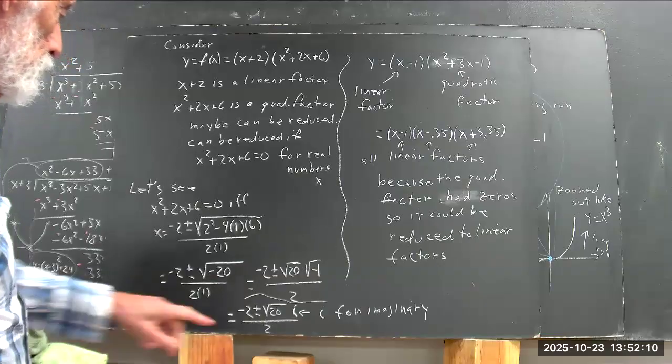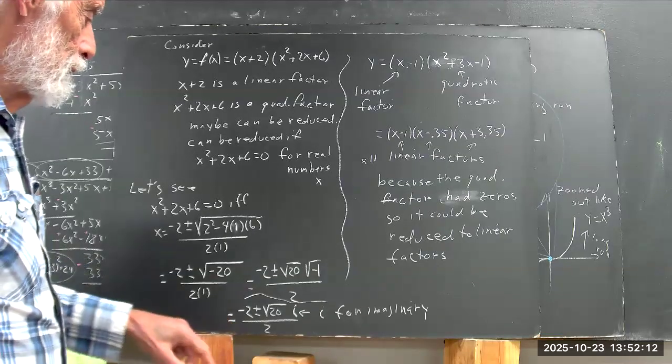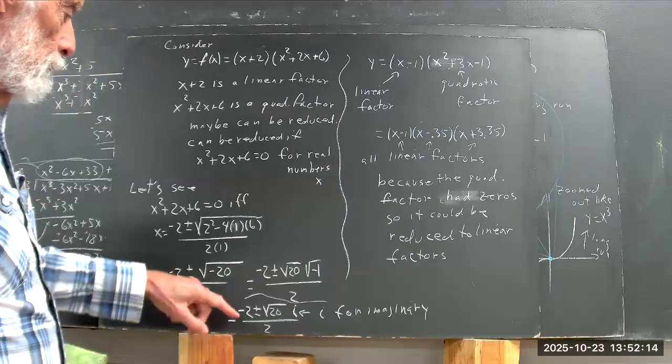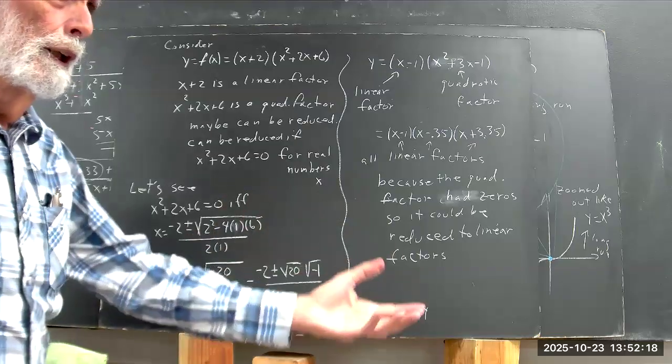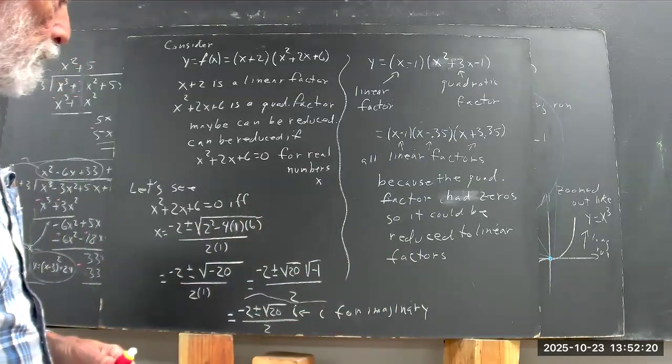Well, this number can be written -2/2 plus or minus the square root of 20/2, and that can be simplified.